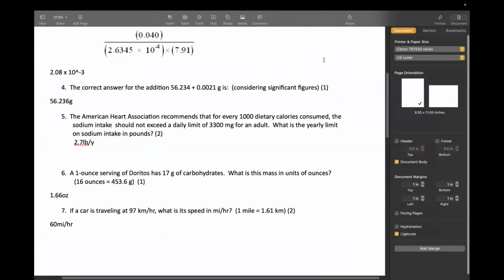Number five. Which one are we working on? Number five. Okay. All right, let me grab a snip of this.